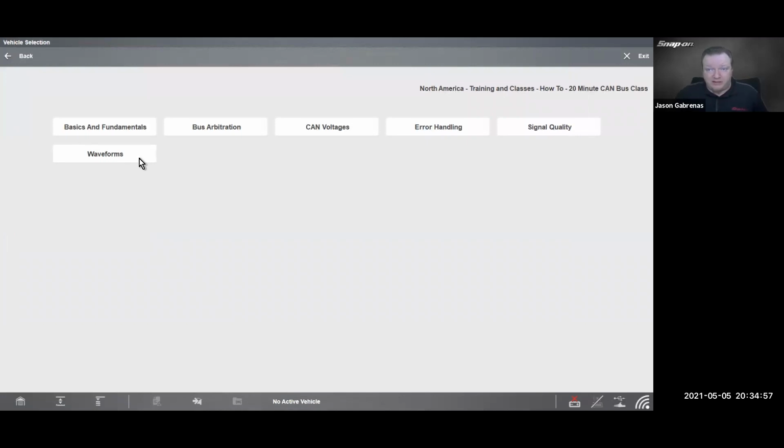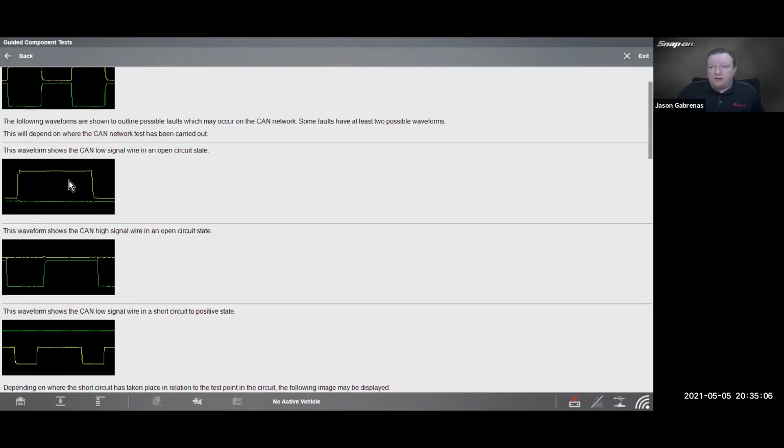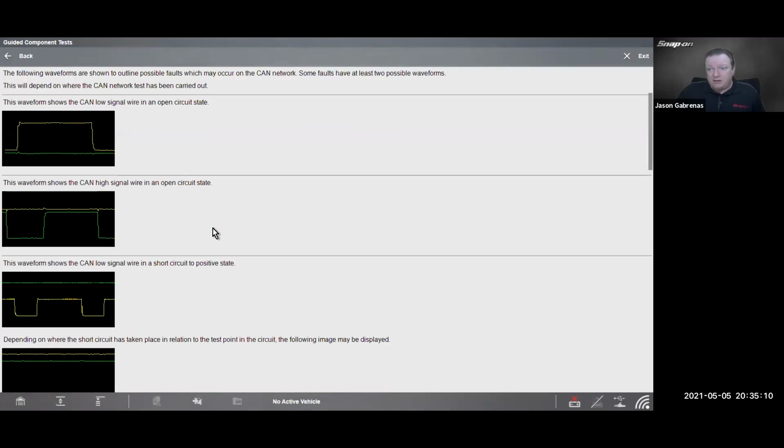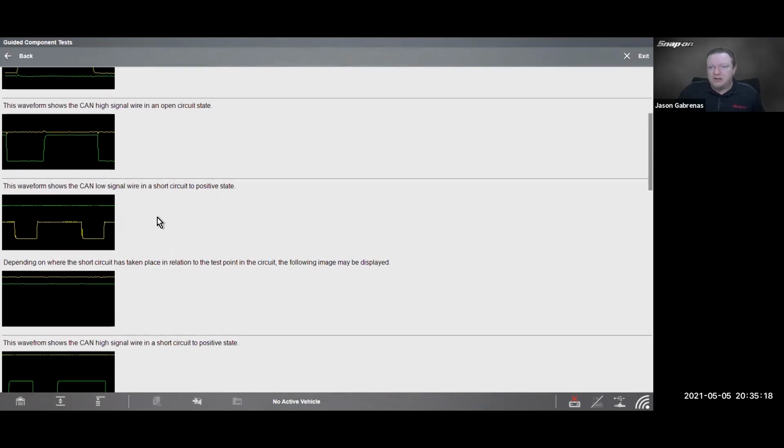But this one's pretty key right here, waveforms. So waveforms will show you on the screen. Here's a good one. Here's one where the low side is open. Here's one where the high side is open. Here's one where the low side is shorted to positive voltage. See how the low side's above the high side, so that's a higher voltage.